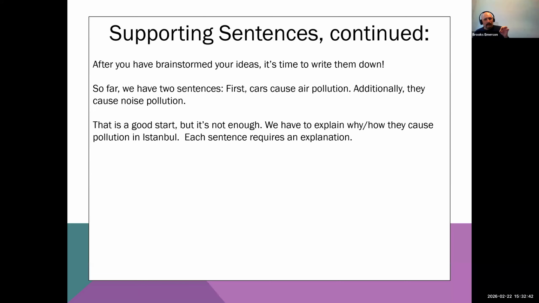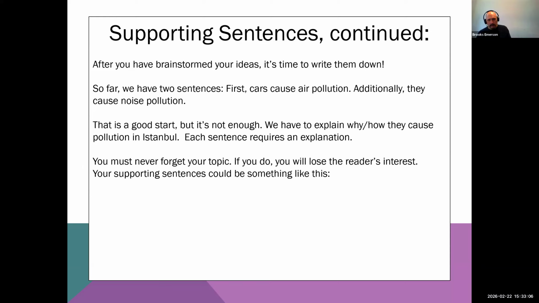But now, here is the part where you can really shine. You can show all your fancy vocabulary and your sentence structures. You can really go crazy with the next sentence because you have to explain how they cause air pollution, how they cause noise pollution.